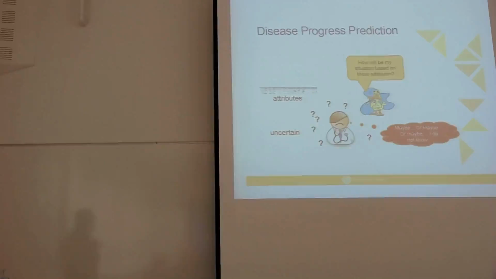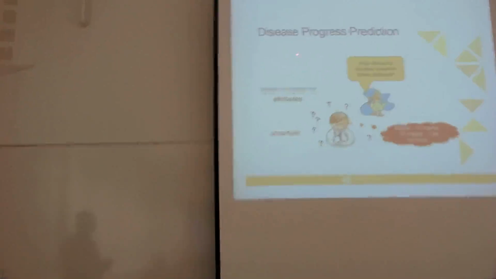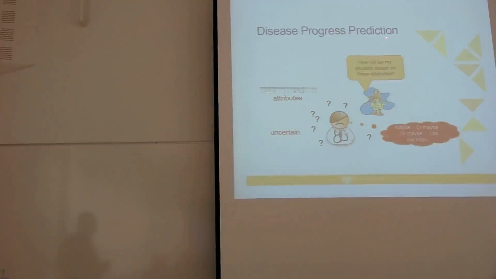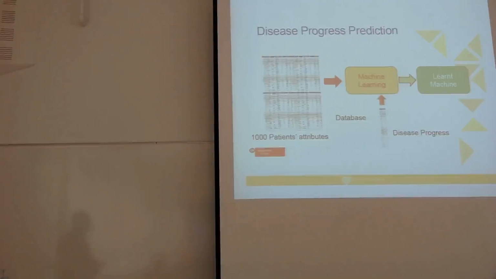And now we will go through a few applications of machine learning, just very rough applications. For example, disease progress prediction, to predict how the disease progress will be. As we mentioned last lecture, we can have the database in the hospital.